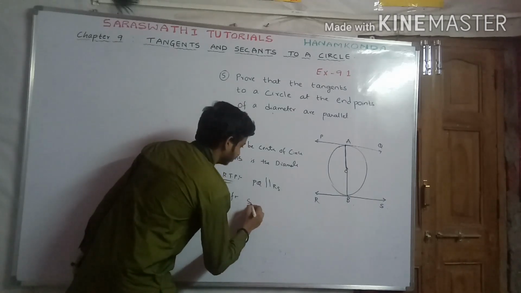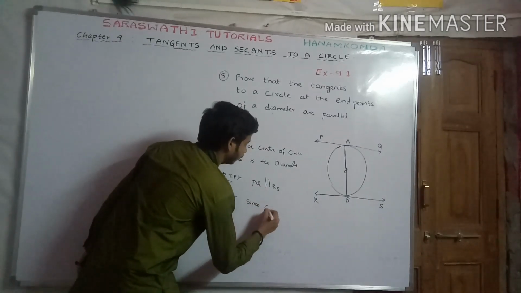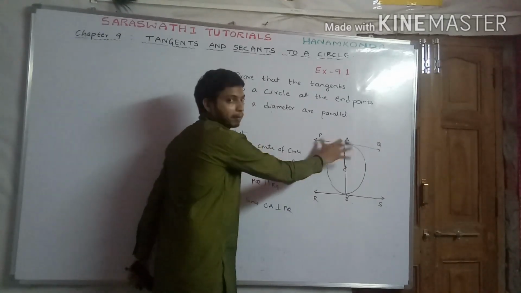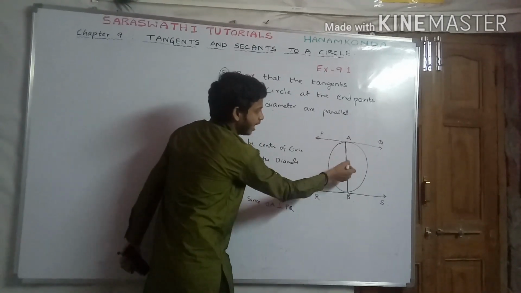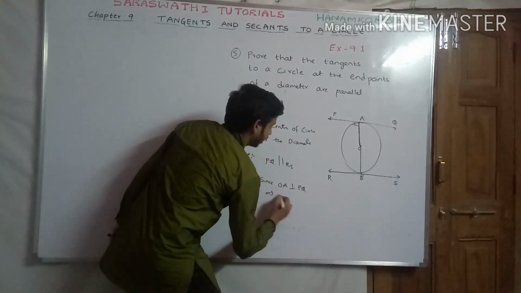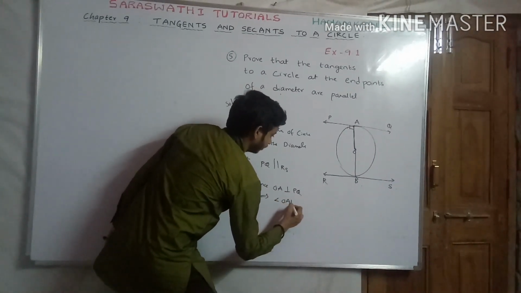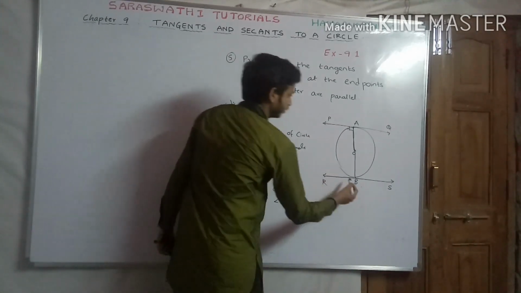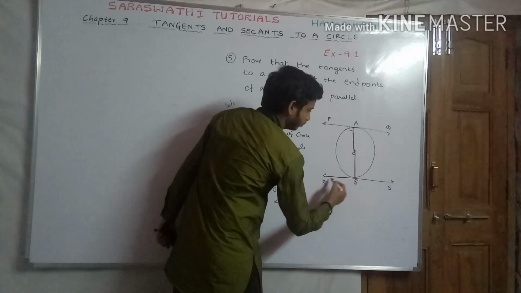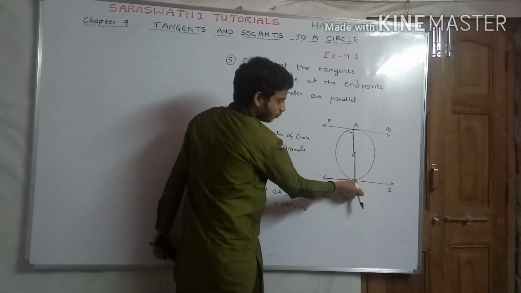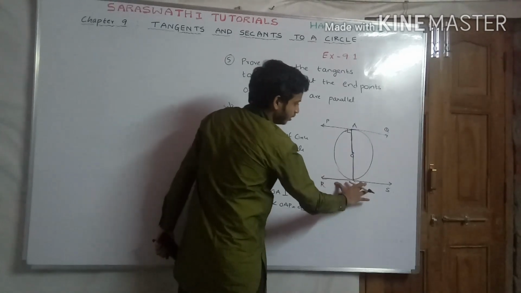Since OA is perpendicular to PQ, we can take it as angle OAP equal to 90 degrees. Also, OB is perpendicular to RS, since any radius drawn through the point of contact is perpendicular to the tangent.